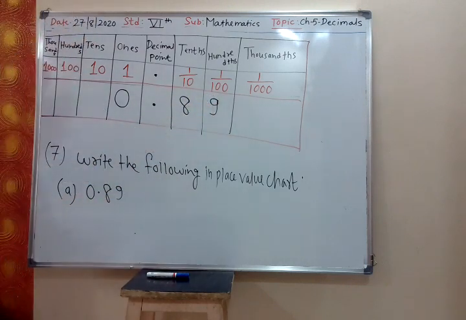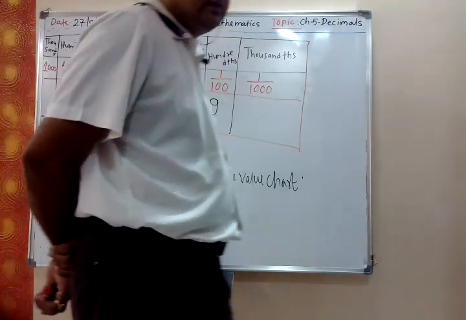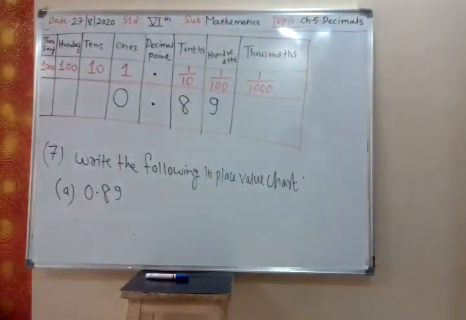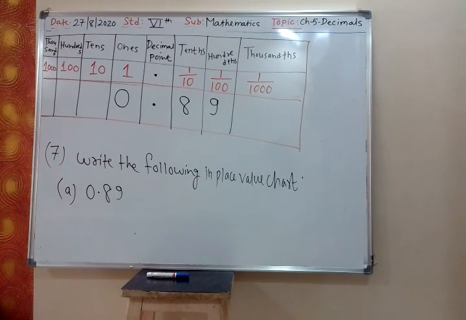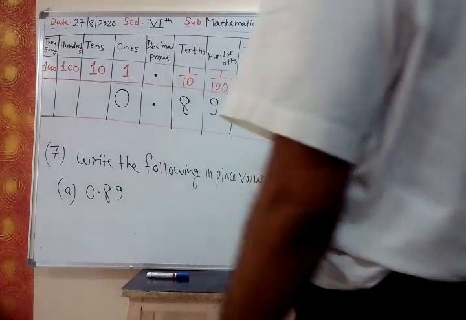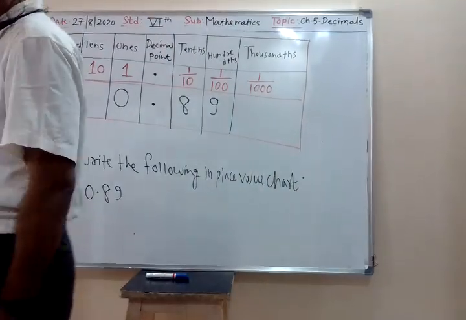And this is the place value chart. In the chart you have to write the numbers. It is very much clear.